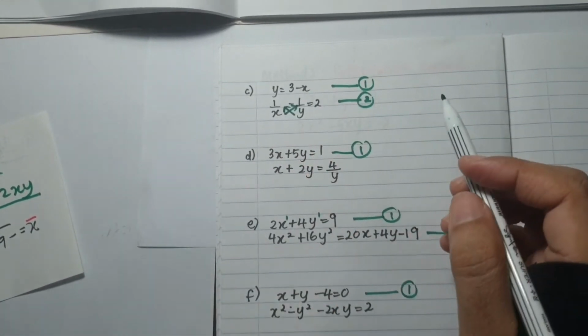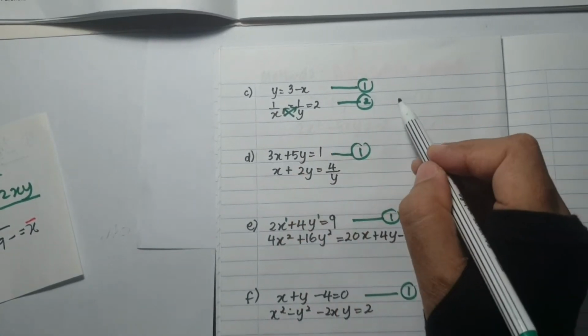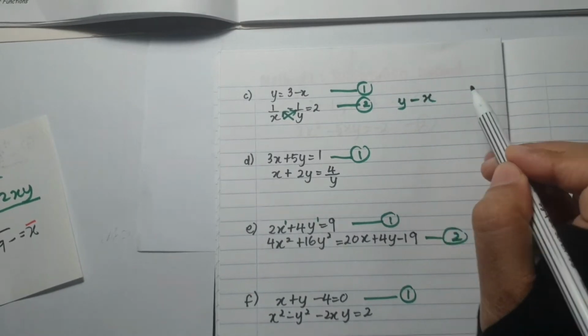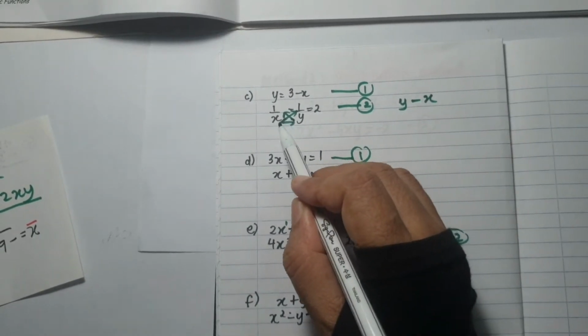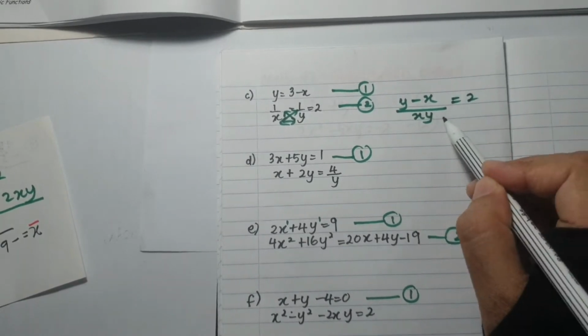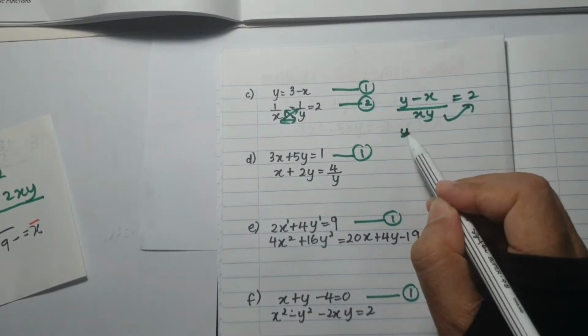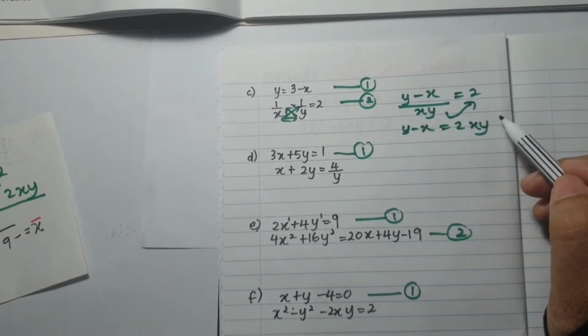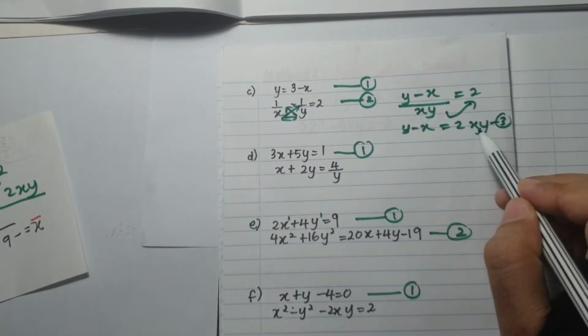Cross multiply, right? y times 1, y, x times negative 1, negative x, and then x times y becomes xy equals 2. And this one, bring it over, it becomes y minus x equals 2xy. So this is your non-linear equation, right?